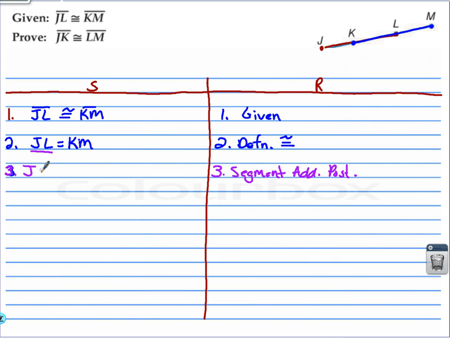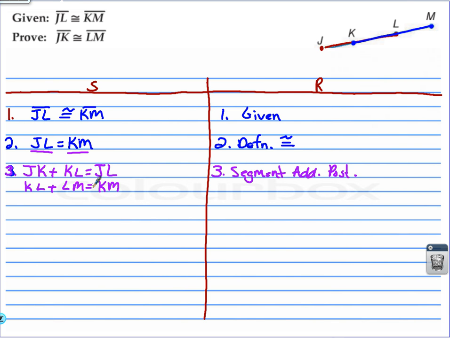JK plus KL. Right? And let's do the same thing for KM. Let's break it down as well. What pieces make up KM? KL plus LM is equal to KM.